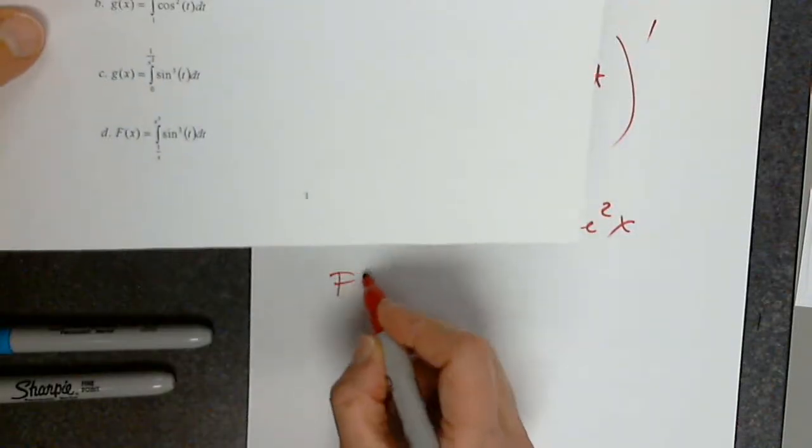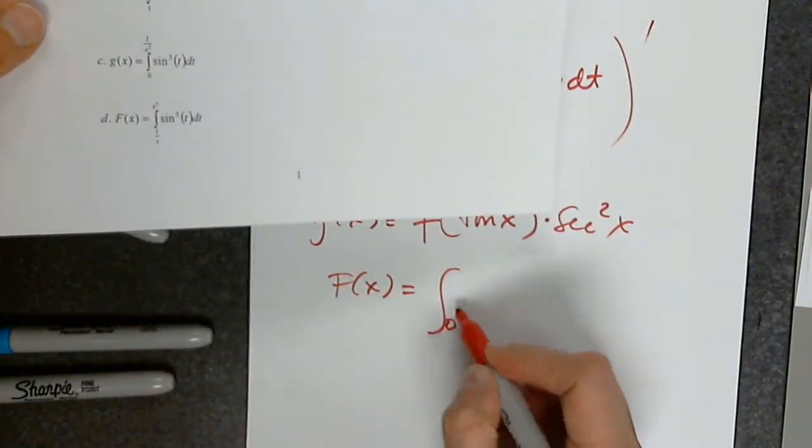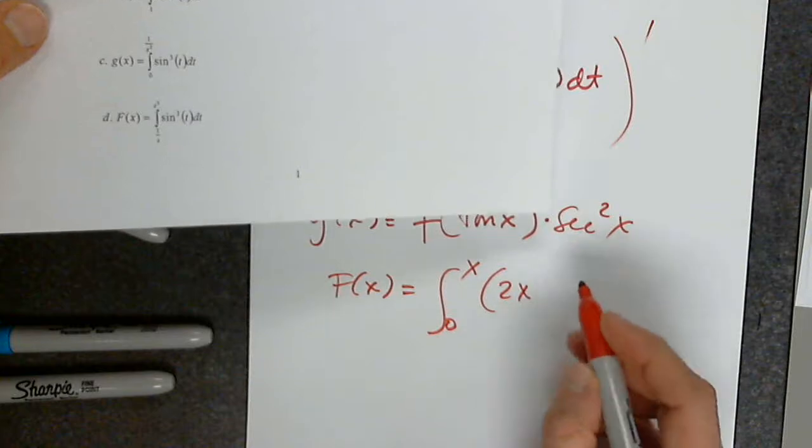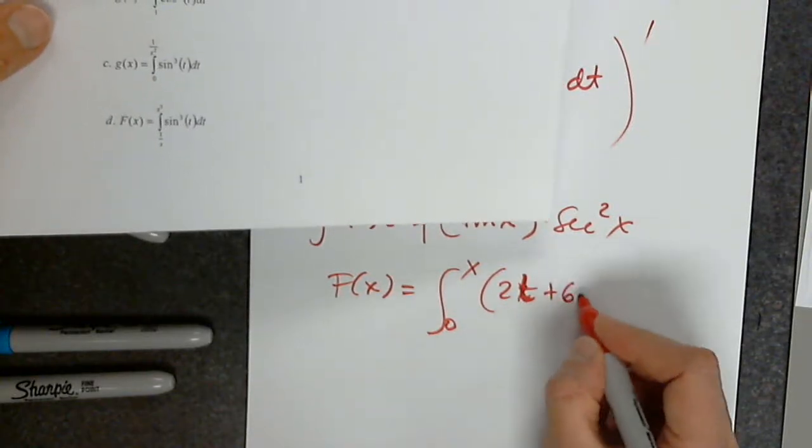So let's say we are given F of x equals the integral from 0 to x, a simple one first, 2t plus 6t squared dt.